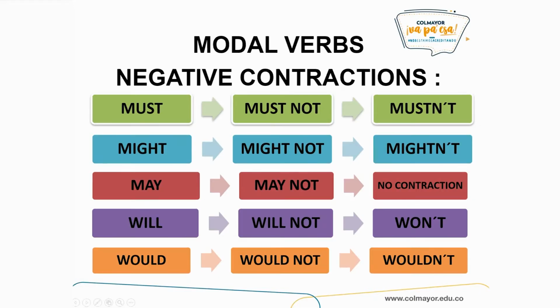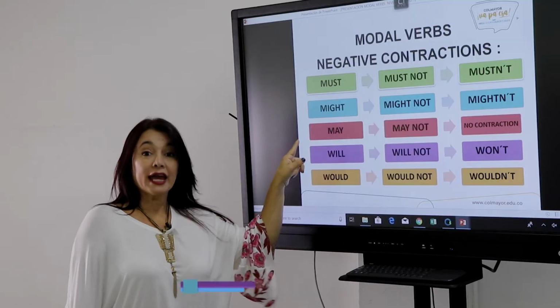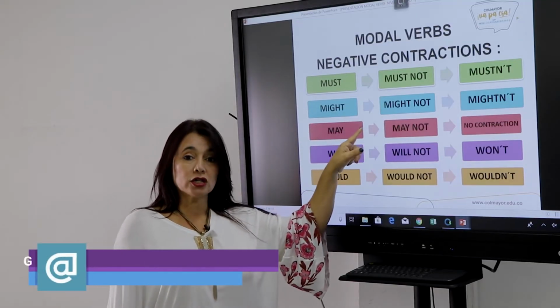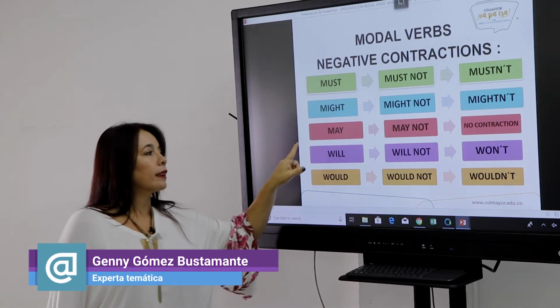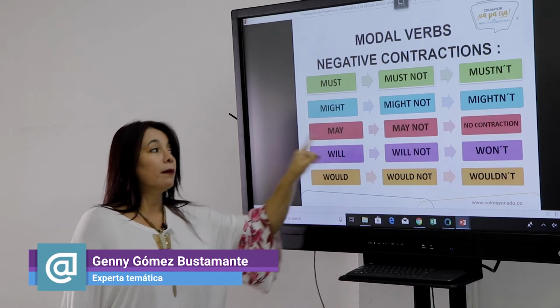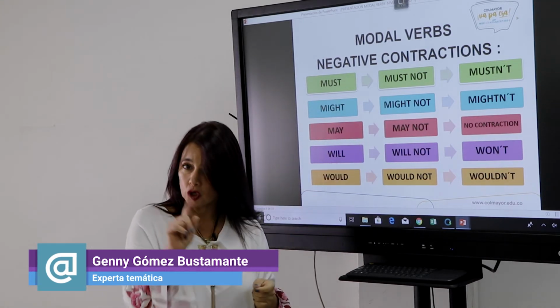When we make the modals negative, we have some contractions. Must not, the contraction is mustn't. Might not, the contraction is mightn't. May not, no contraction.